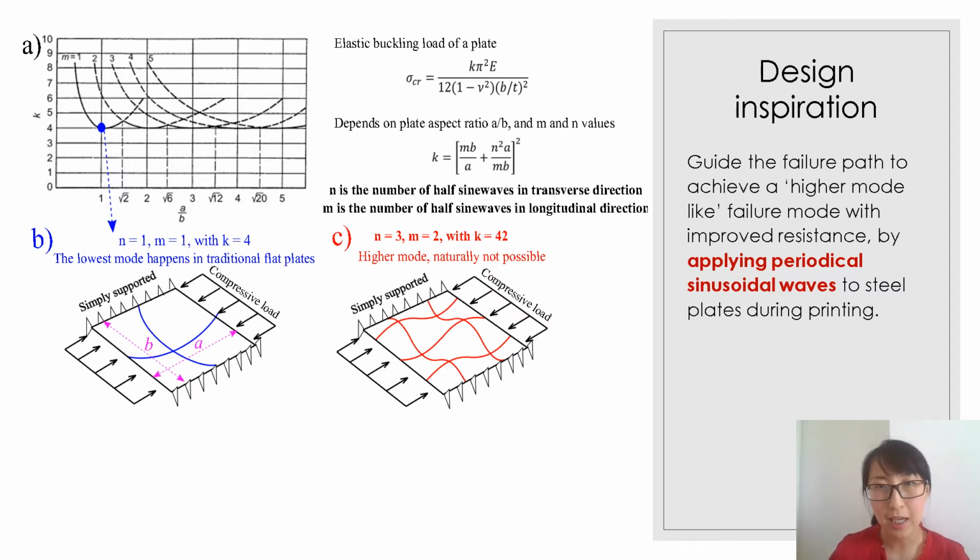These analytical solutions cannot be achieved in reality for a flat plate. So our idea is to introduce sinusoidal imperfections to force a higher mode of buckling, or delay the lower buckling mode, in order to achieve higher resistance.